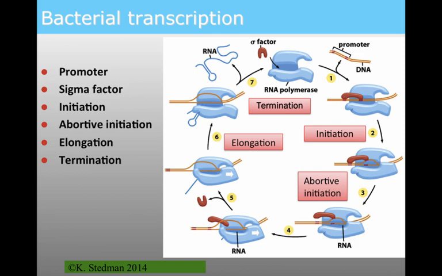We'll see it's slightly different in eukaryotes a little bit later on. So once you have these two strands that come apart, now the RNA polymerase can start making nucleotides. And this is where you really have one of the biggest differences between transcription, replication, and translation.